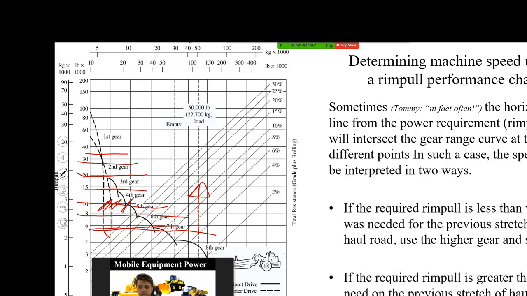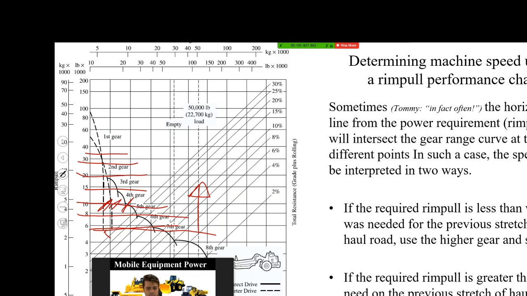If the required rimpull is greater than the need on the previous stretch of haul road, use the lower gear and the lower corresponding speed. This is a very important point, and in the exercises and problems at the end of this chapter, you will need it to solve some of the problems.